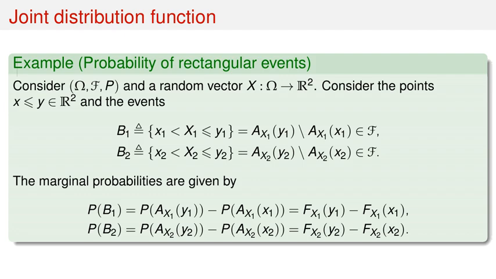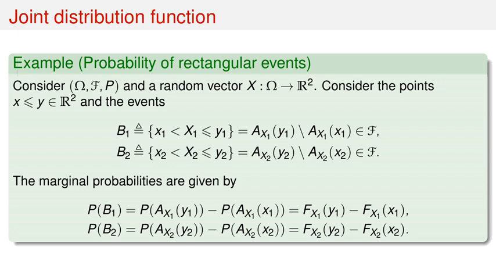Let's look at an example concerning the probability of rectangular events for a 2D random vector. Consider Omega, script F, P, and a random vector X from Omega to R^2. Consider points x and y in R^2 with x sub 1 less than or equal to y sub 1 and x sub 2 less than or equal to y sub 2.